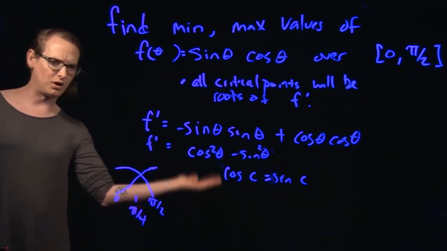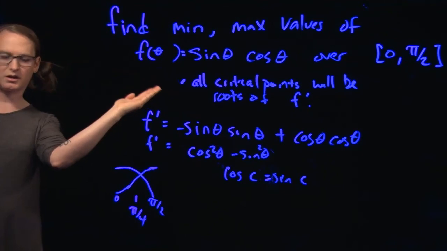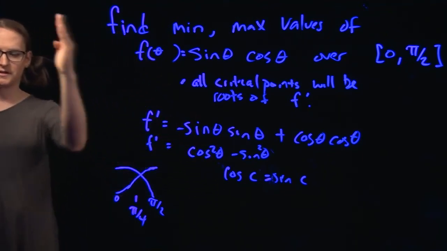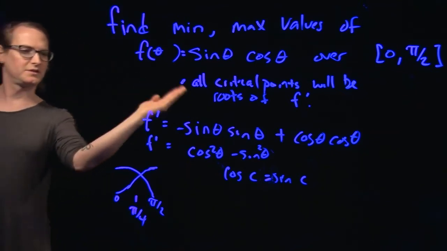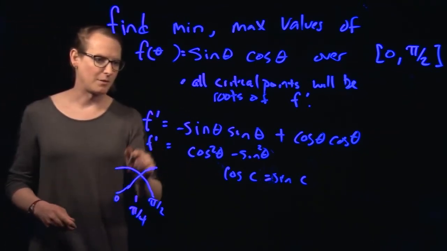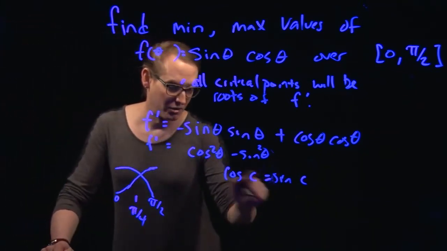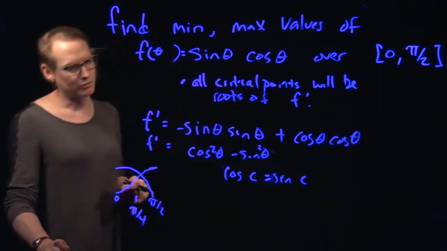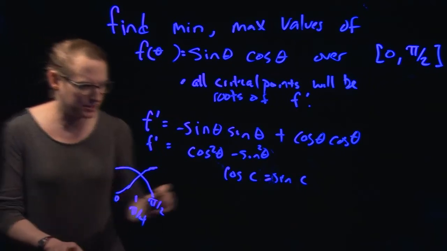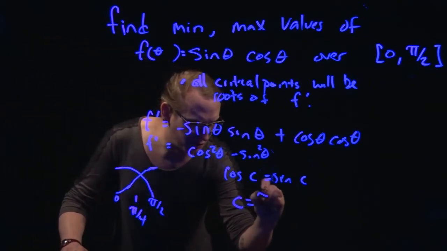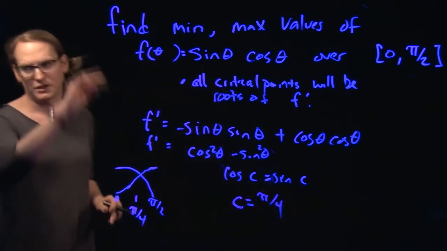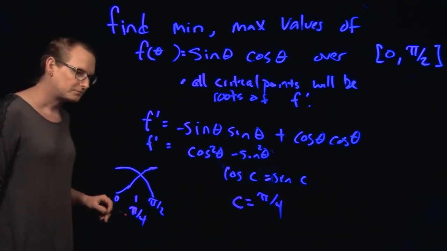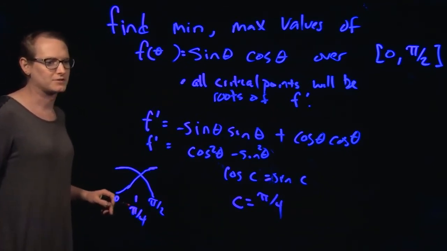Cosine is 1, cosine is 0, cosine is root 2 over 2, sine is 0, sine is 1, sine is root 2 over 2. So it's where these two functions take on value root 2 over 2, and that's going to be precisely true where c is equal to pi over 4. That's a 45 degree angle.